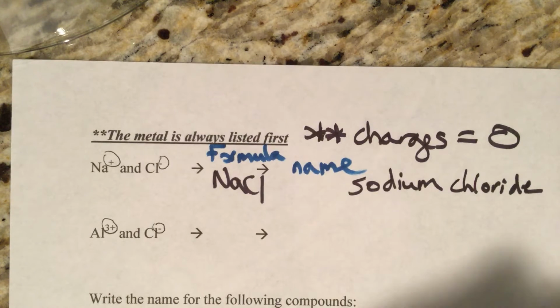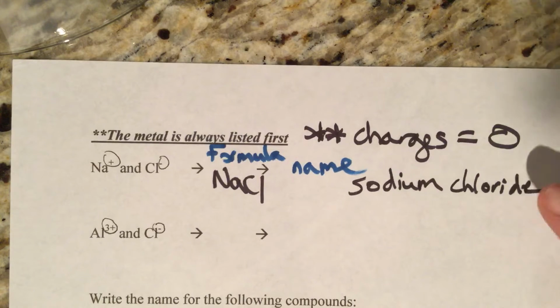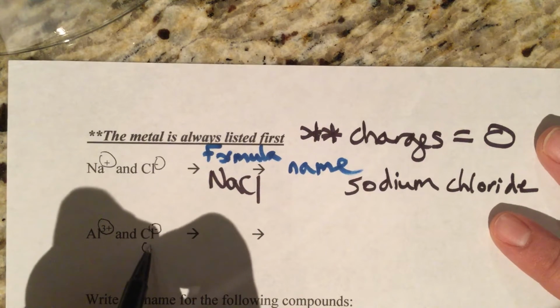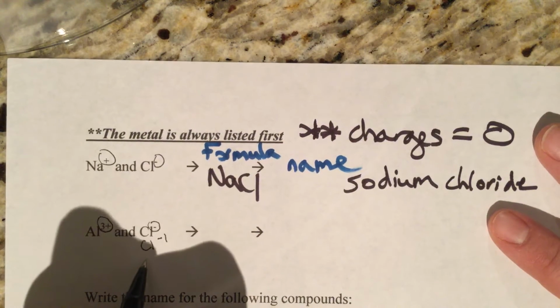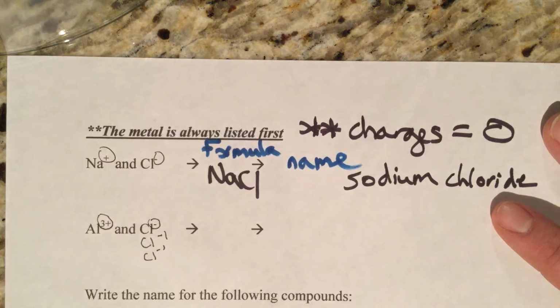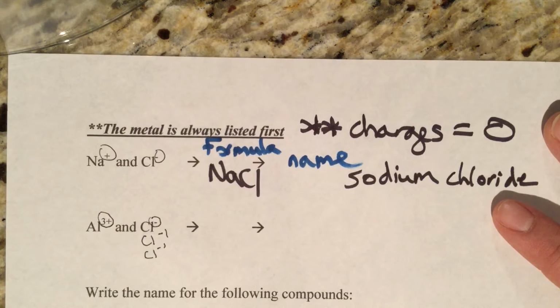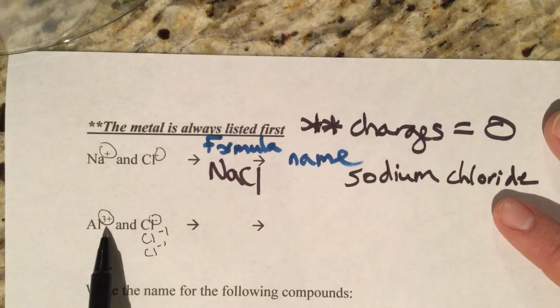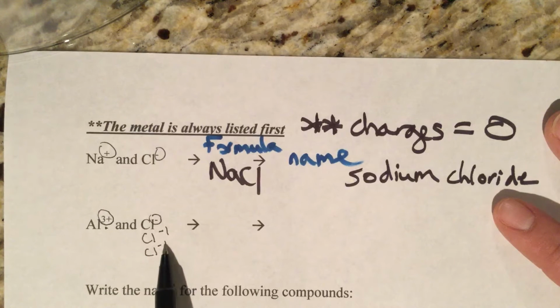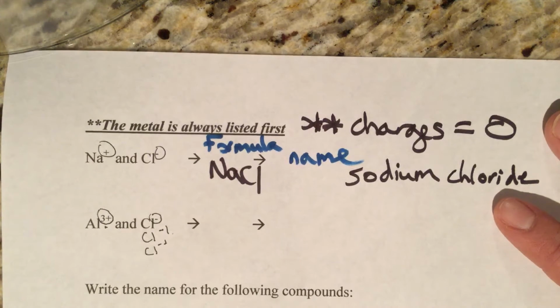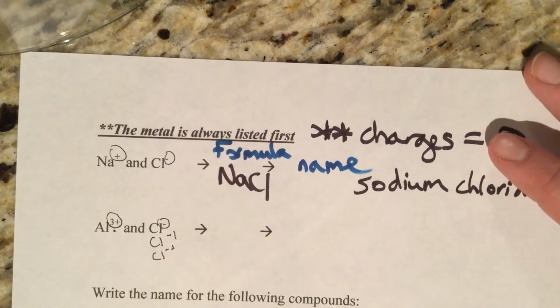But I can't split something in half, okay? So what I'm going to do is I'm going to add 2 more chlorines. And now if you take a look, we've got our 3 plus, but then we have -1, -1, -1, gives us a -3. Now we're good to go.